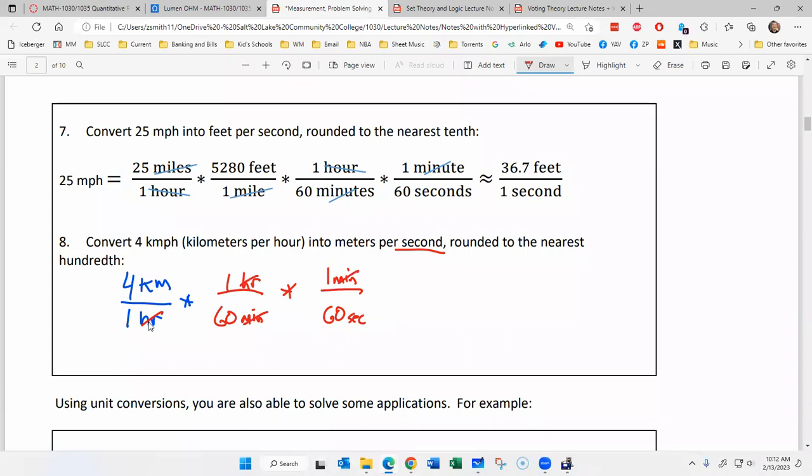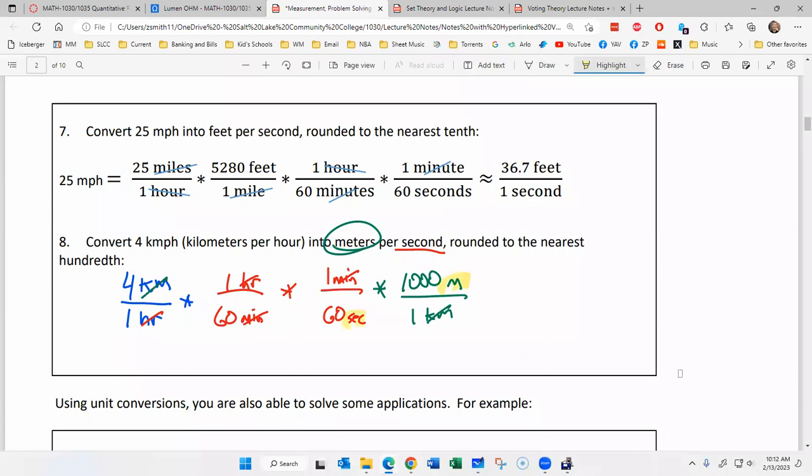Currently, my rate is kilometers per second. Now for the meters, kilometers is in the numerator, so I need a kilometers in the denominator. And 1 kilometer is 1,000 meters. And now my units, meters per second.